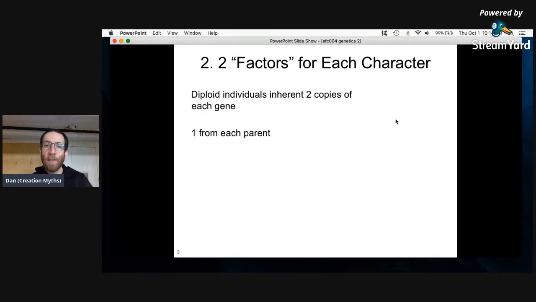We have 1 complete set of genes from mom, 1 complete set of genes from dad, right? So we have 2 of everything. The notation for that is 2N, that's diploid. N, just 1 copy of everything, that's haploid. 4N would be tetraploid, that kind of thing. So we're diploid. We have 1 copy of each gene from each parent.